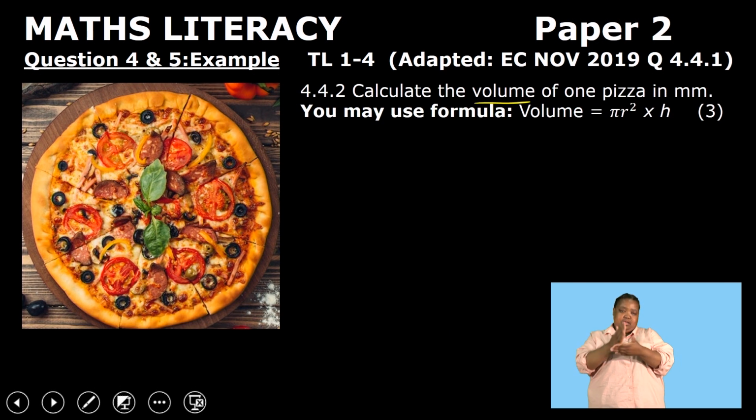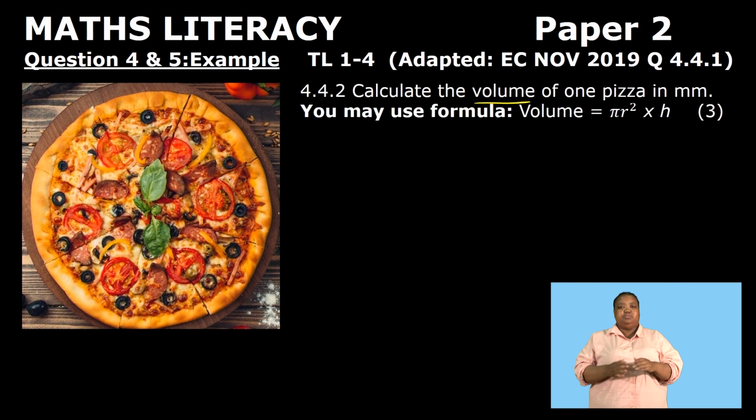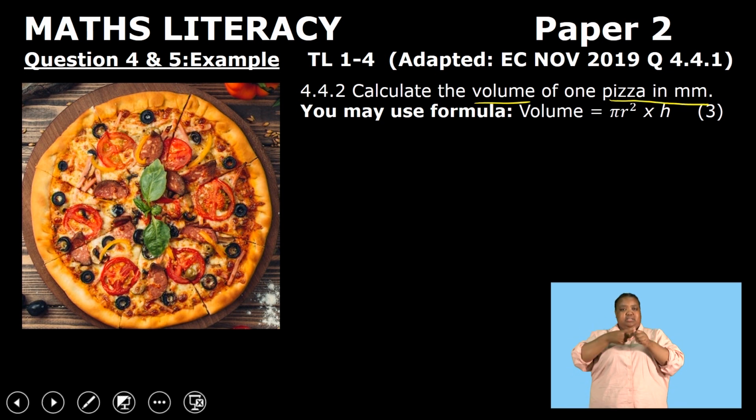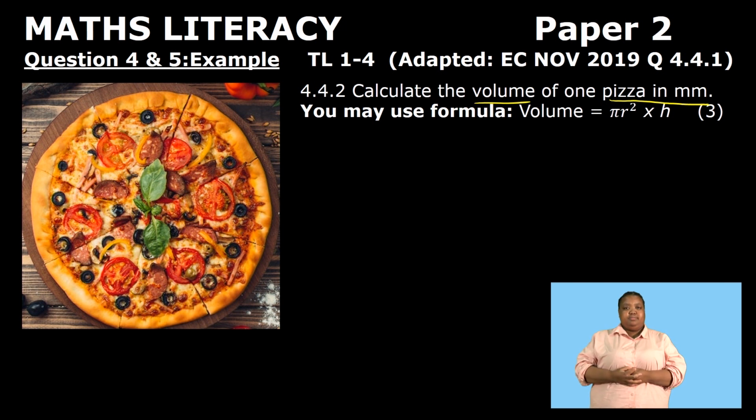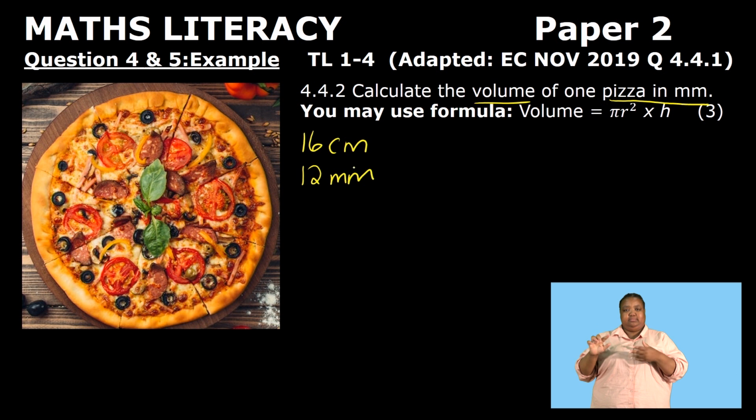Then we move on to the next question. Calculate the volume of one pizza in millimeters. So now looking at the dimensions, we are given 16 centimeters and we are given 12 millimeters. These are the dimensions that are given on the previous slide.